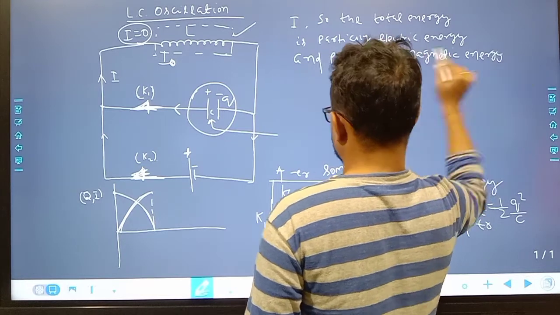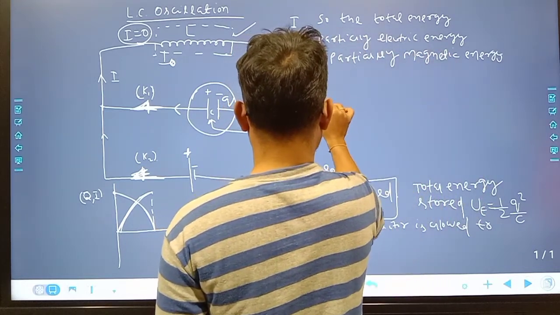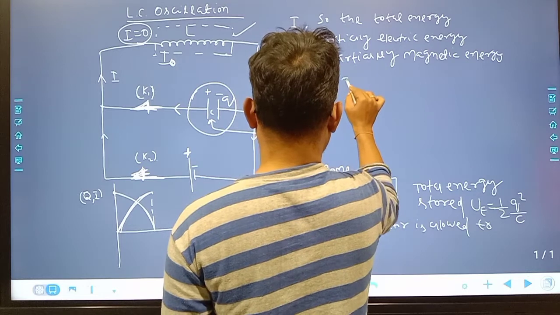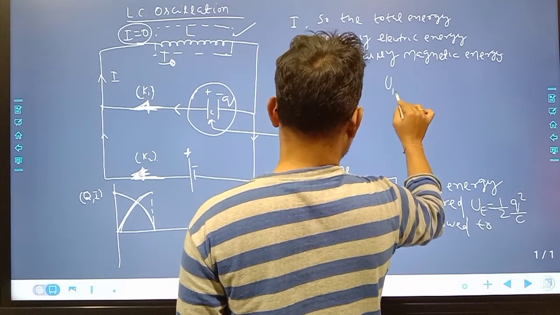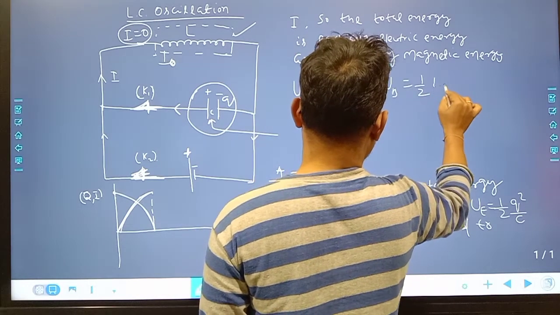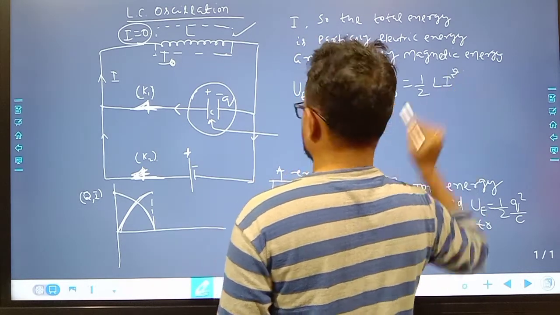That is, U_E is equal to half Q naught squared by C, and U_B is equal to half L I squared.